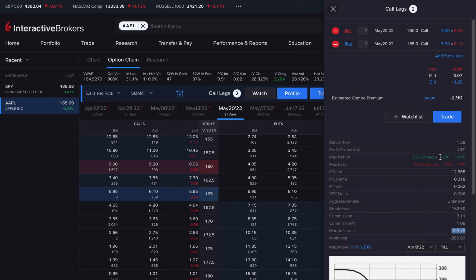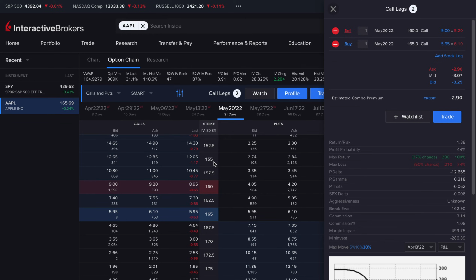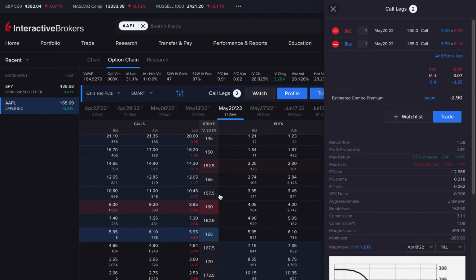I still keep this $290, but I'm only going to get back $400 because I'm $1 above my short leg. That's how it works. When you are at the short leg, right? If the price of the stock expires at the short leg, you're in the clear. If it expires below, you're still in the clear. Doesn't matter how low it goes, you're in the clear.